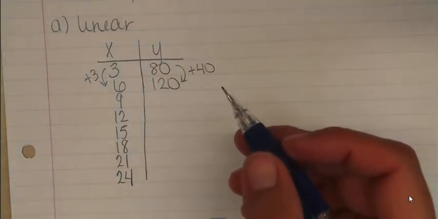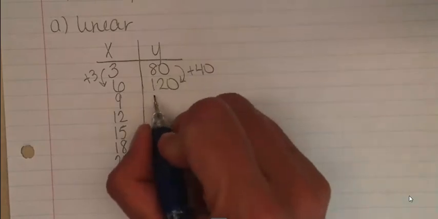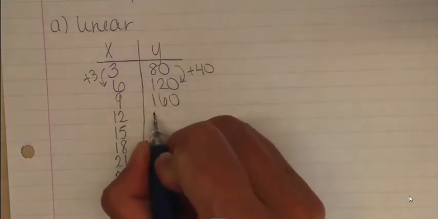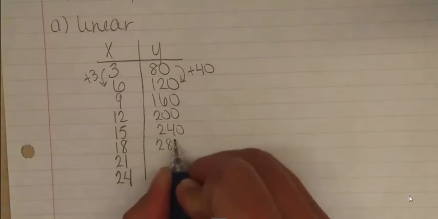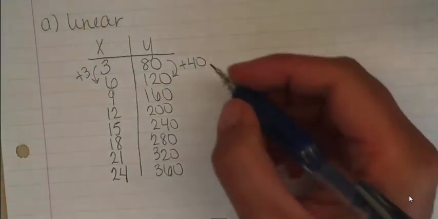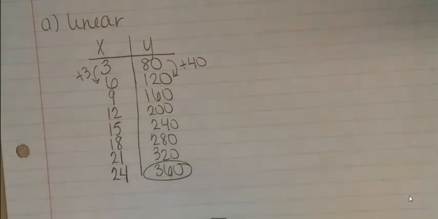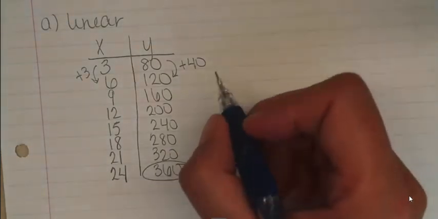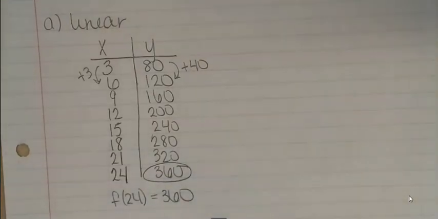Okay, and then I need to add 40 to each one of my outputs. So I've added 40 each time, so I can see that when I put in 24, I'm going to get 360 out. So I can conclude then that f of 24 equals 360 if this is a linear function.